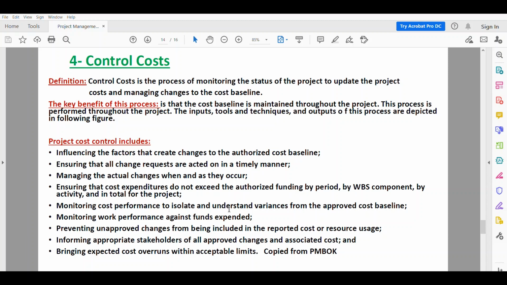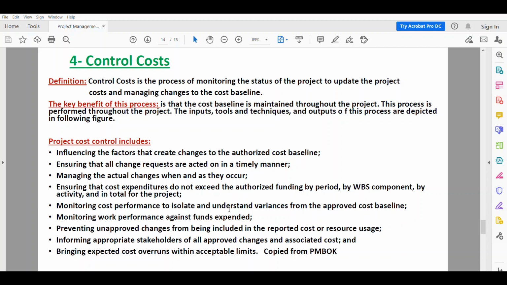The definition of this process is that it is the process of monitoring the status of the project to update the project cost and managing changes to the cost baseline. The key benefit of this process is that the cost baseline is maintained throughout the project. We should not go outside this cost baseline. So if there are any variances, we have to do something about these variances.